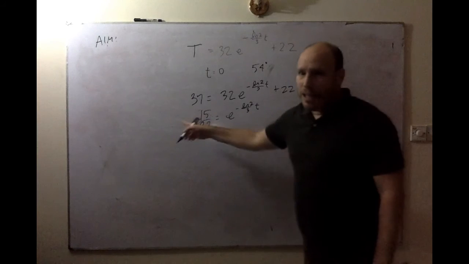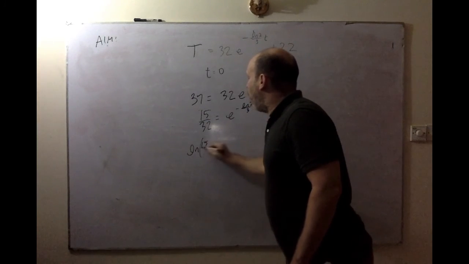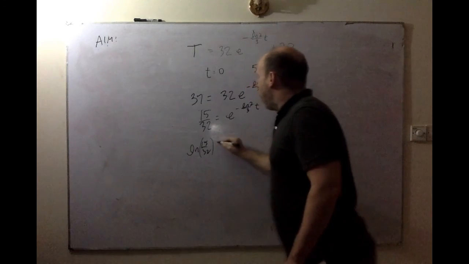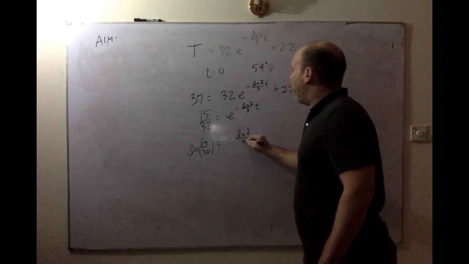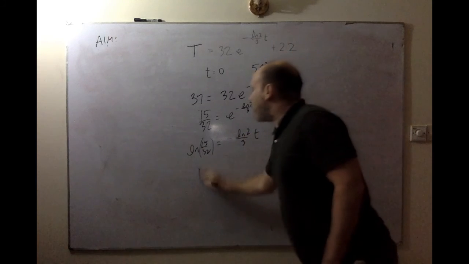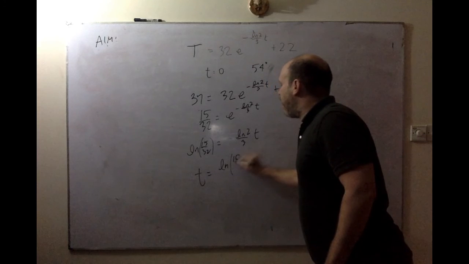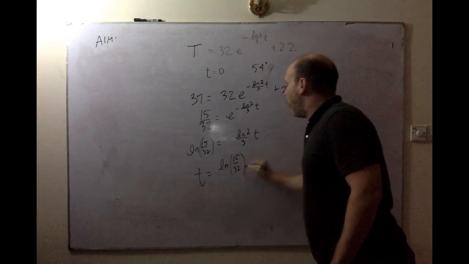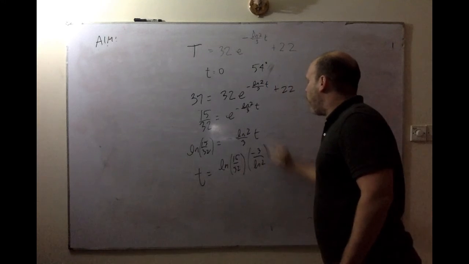If we take the ln of both sides, we have ln of 15 over 32 equals negative ln of 2 over 3 t, and therefore the time is ln of 15 over 32 times negative 3 over ln of 2.